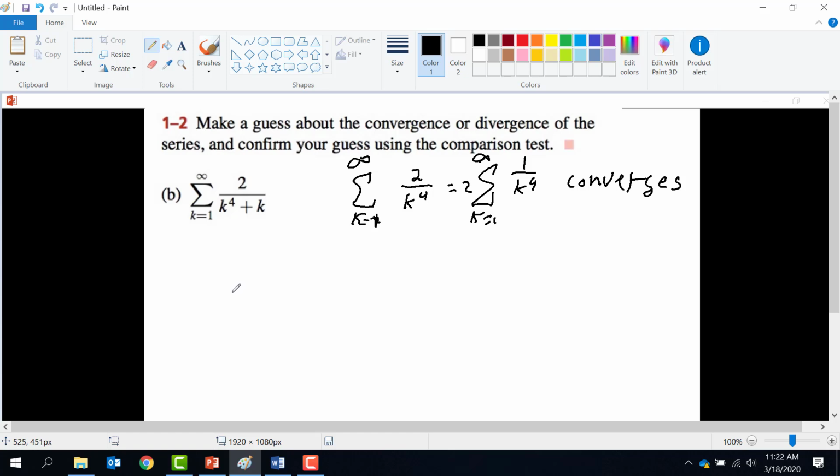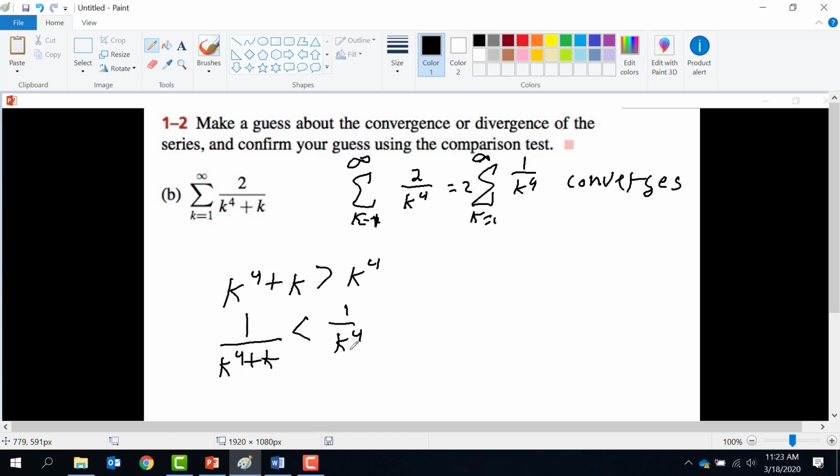We start with clearly k to the fourth plus k is bigger than k to the fourth. And so now when I flip it, 1 over k to the fourth plus k will definitely be less, because we switched the inequality, than 1 over k to the fourth.